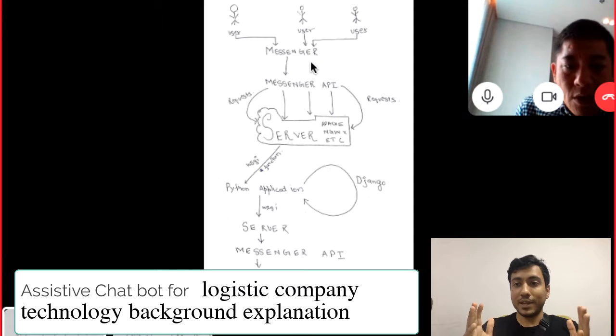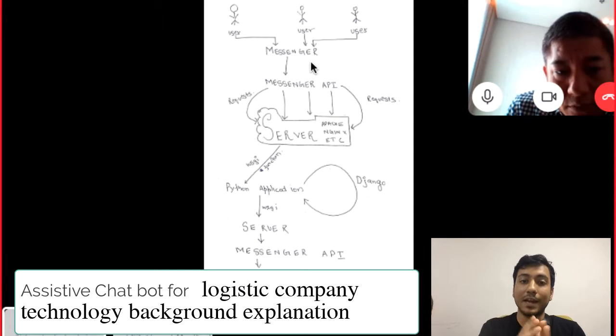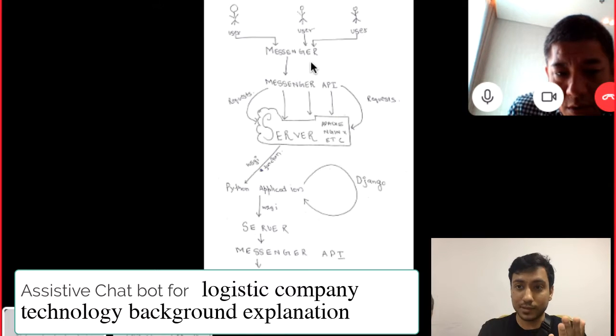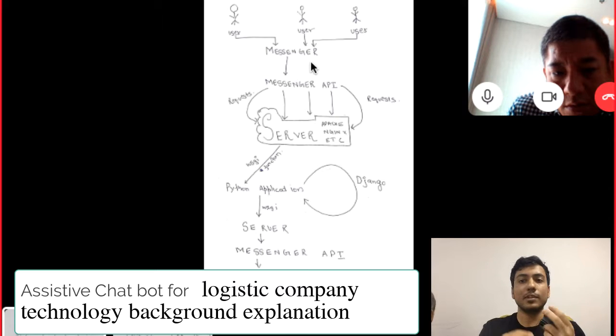My whole code base is in Python, and it uses Django as a framework, which helps me to interact with the server. We have a lot of other frameworks like Flask, Pyramid, and Server Key. But Django is the most acceptable and most common framework.